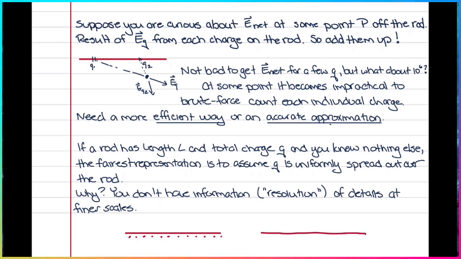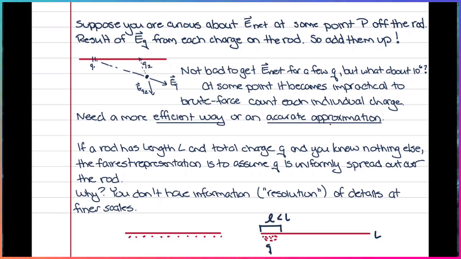Because if I said the rod had a length L and a charge Q, and I knew no other information, but you said, well, actually, I'm convinced that all the charge is over here, then you actually know more information than what you claim. Even though you have a charge Q and a rod of length L, you know additionally that the charge is packed over onto the side, with a length, called little l, that's smaller than L.